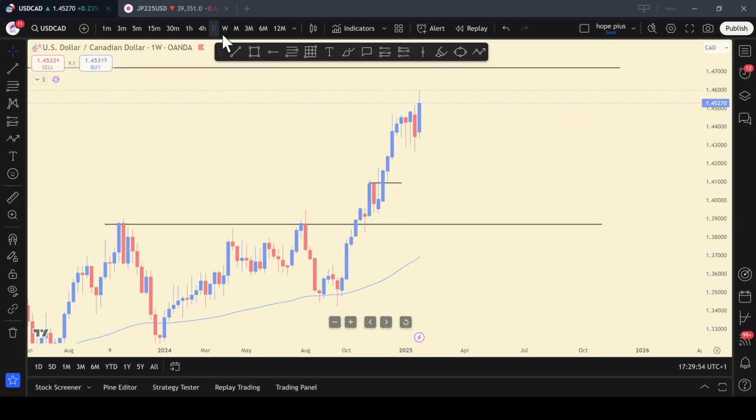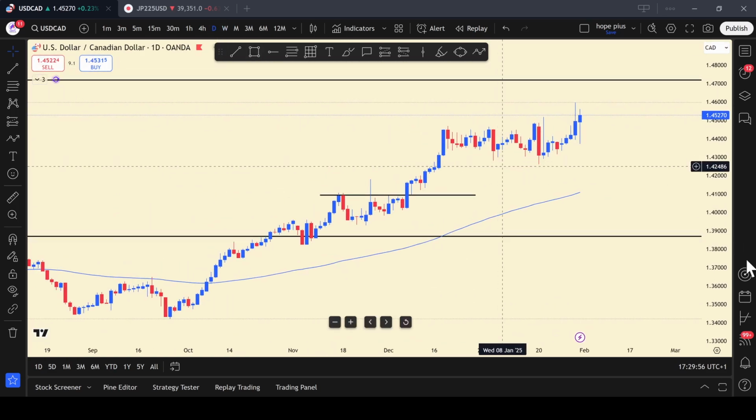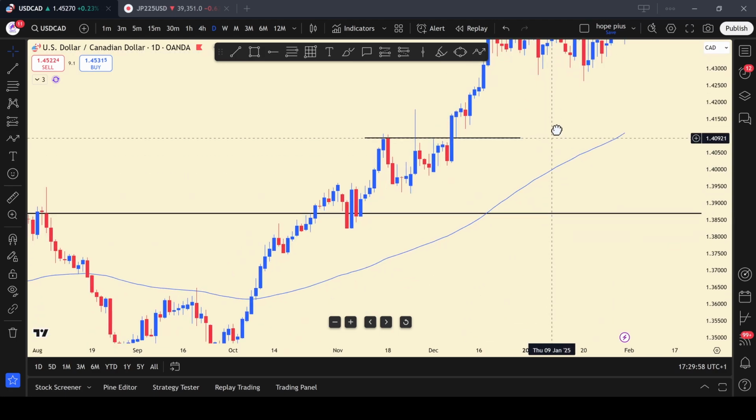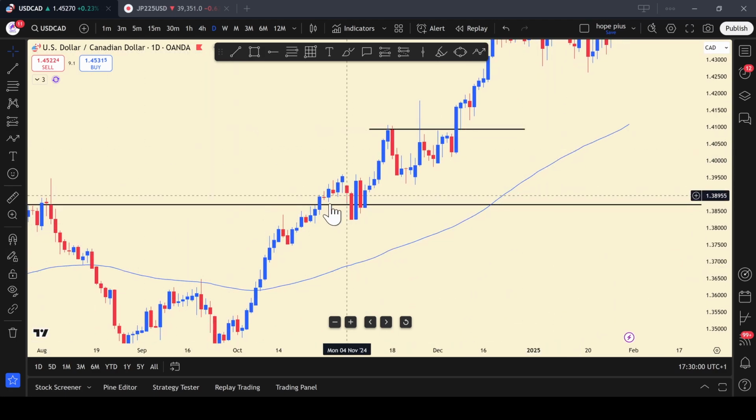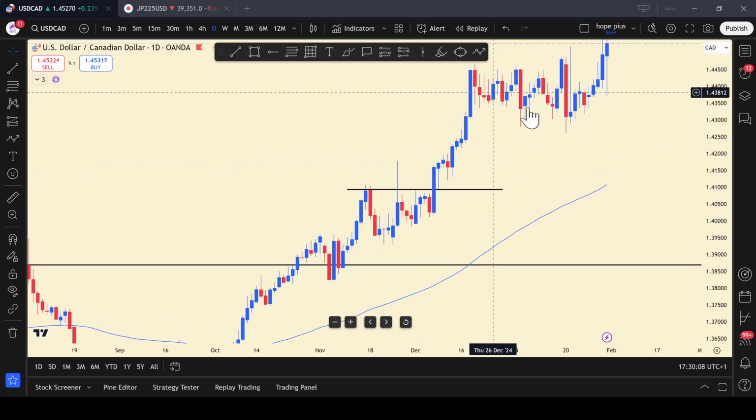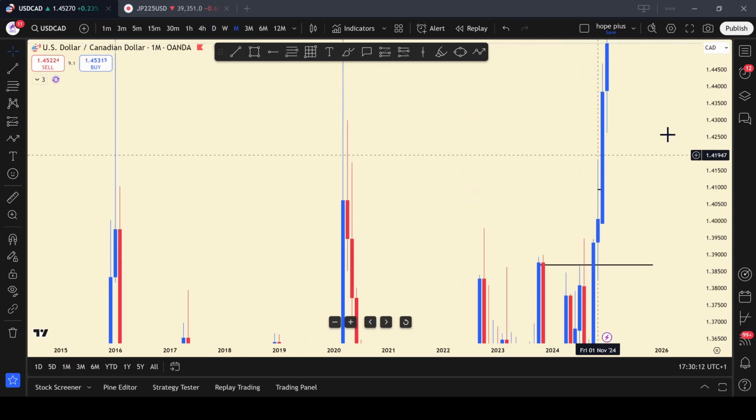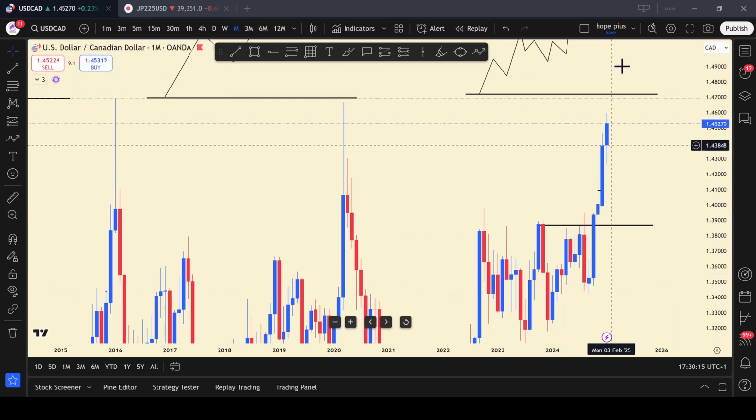Then let's look at the daily. On the daily time frame also, from that weekly, monthly break, you can see the daily has many pushes up. This is a typical market structure. Whereas in the monthly, what can you observe? Just a straight leg up.